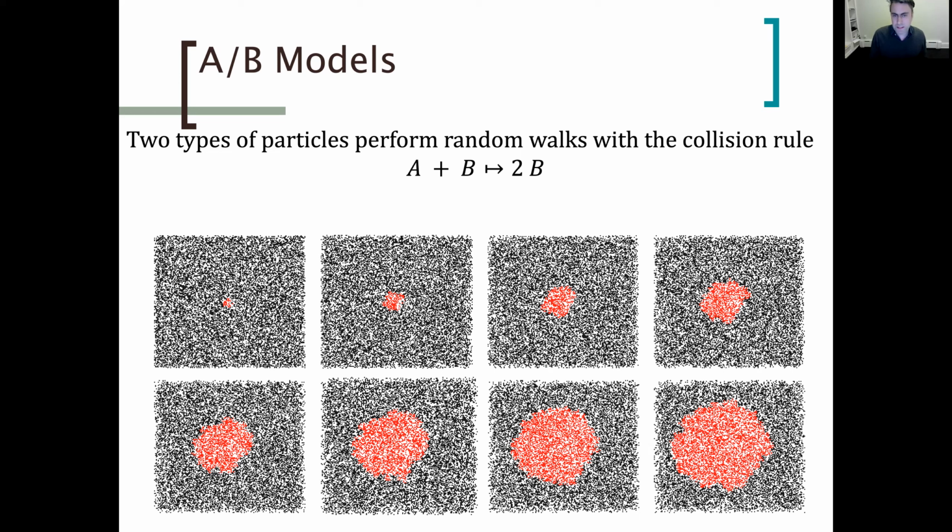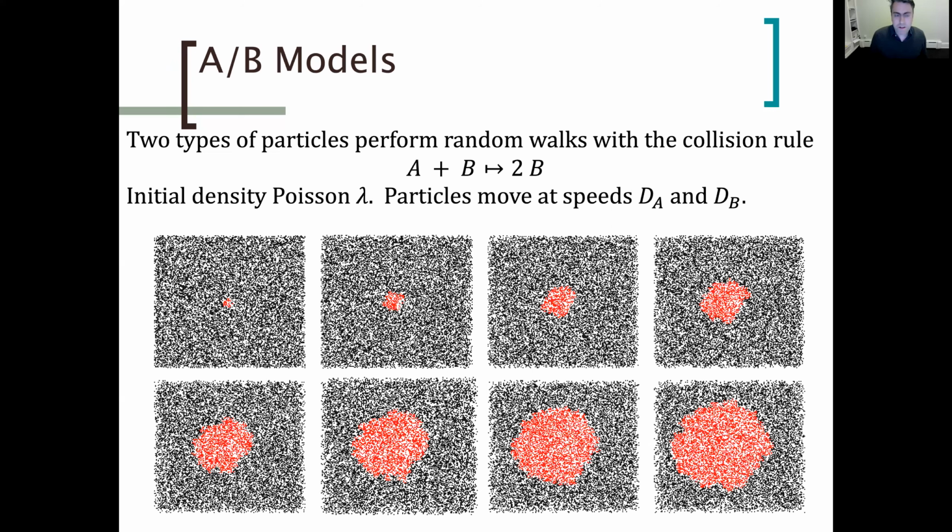In this setting, nothing gets removed, and when a type A particle meets a type B particle, the type A one becomes B, i.e. infected. So now there'll always be infected particles, and you would imagine that the infected region will grow over time, as you see in these simulations.